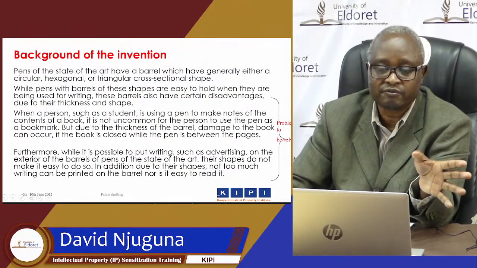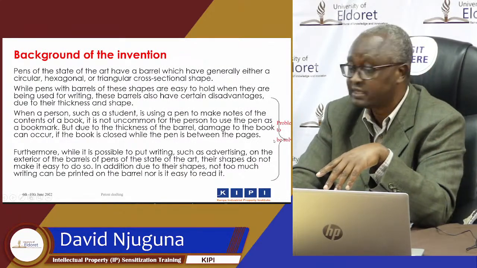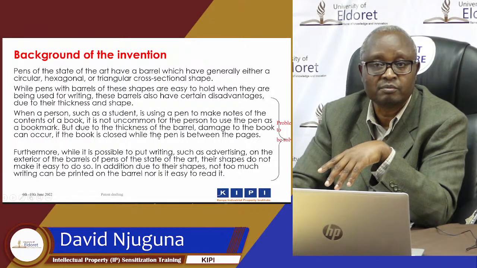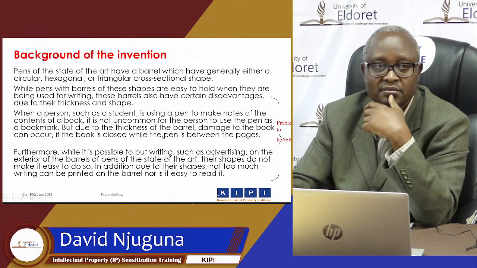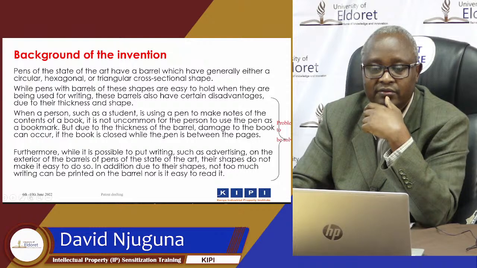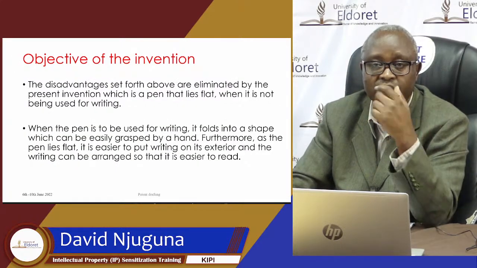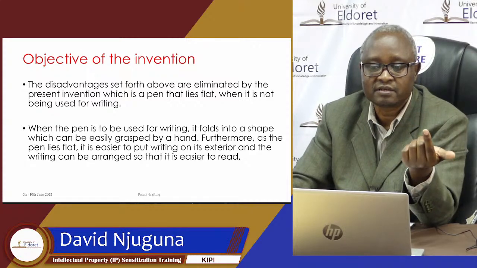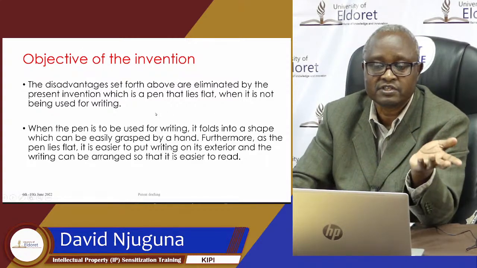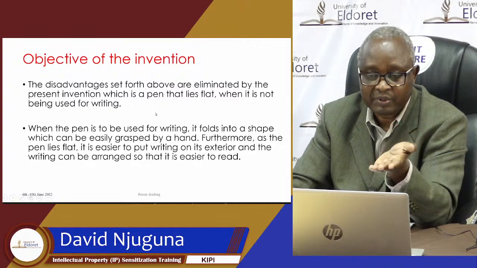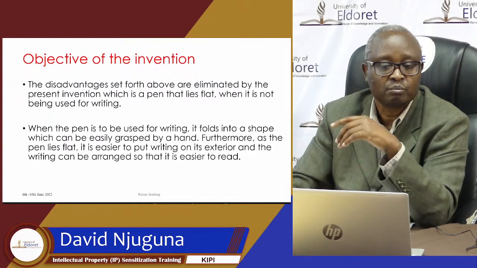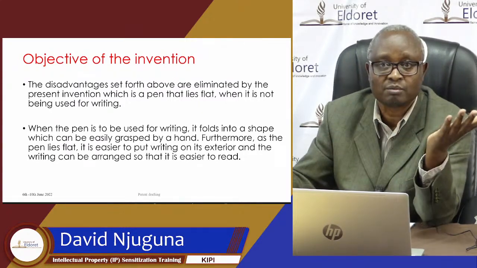The background information identifies a problem. This is the problem with the existing pens. Then the objectives of the invention: the disadvantages set forth are eliminated by the present invention, which is a pen that lies flat when it's not being used for writing and can be used as a bookmark.